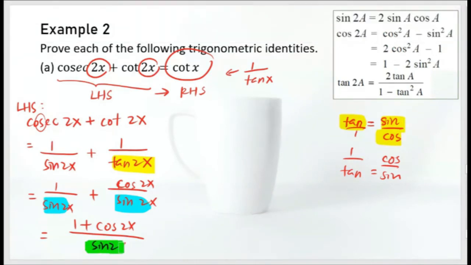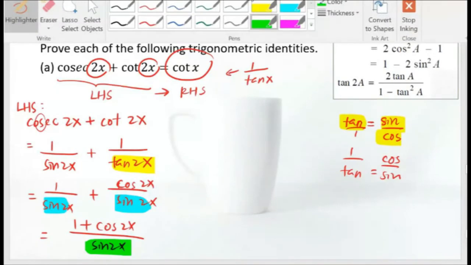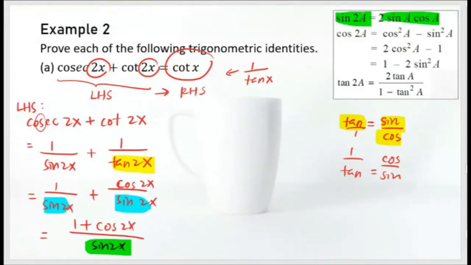Sine 2x. Now we can start, because we want to change into the cotangent x form, right? But these are double angles, right? So we need to use the double angle formula now. Sine 2x equals 2 sine x cos x.